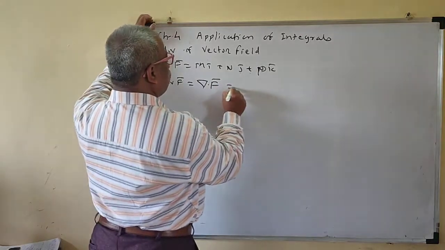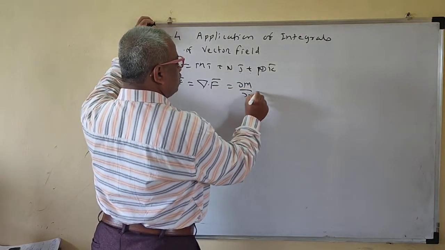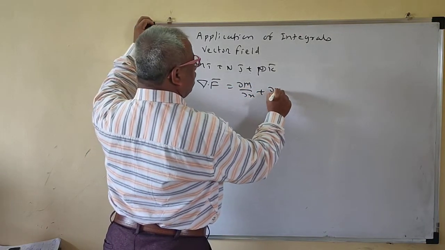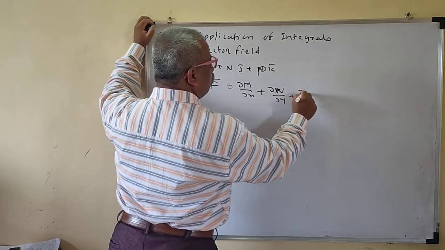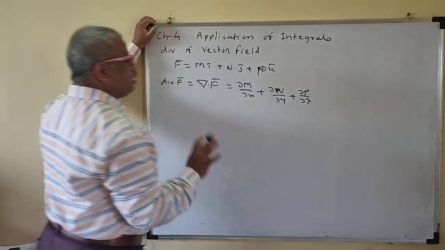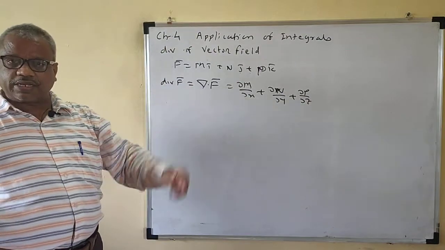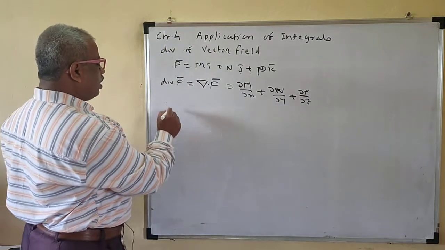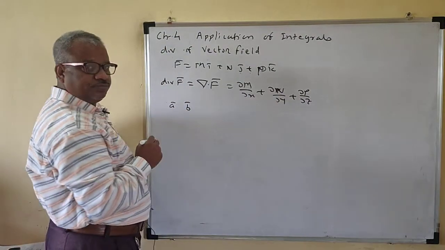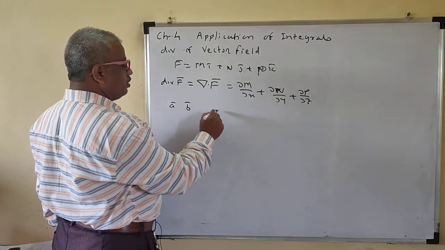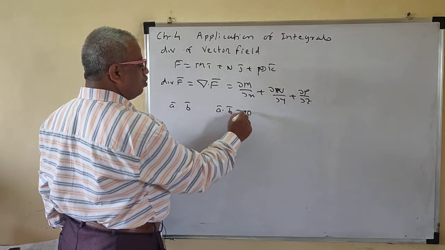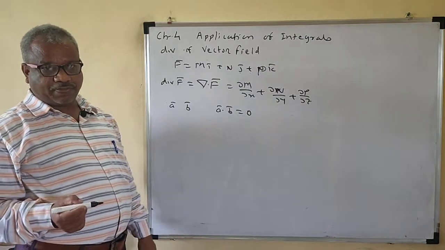So this is dou m by dou x plus dou n by dou y plus dou p by dou z. It is a scalar quantity because the dot product of two vectors is a scalar quantity. Note that if a bar and b bar are vectors, and a bar dot b bar is 0, then a bar and b bar are perpendicular.